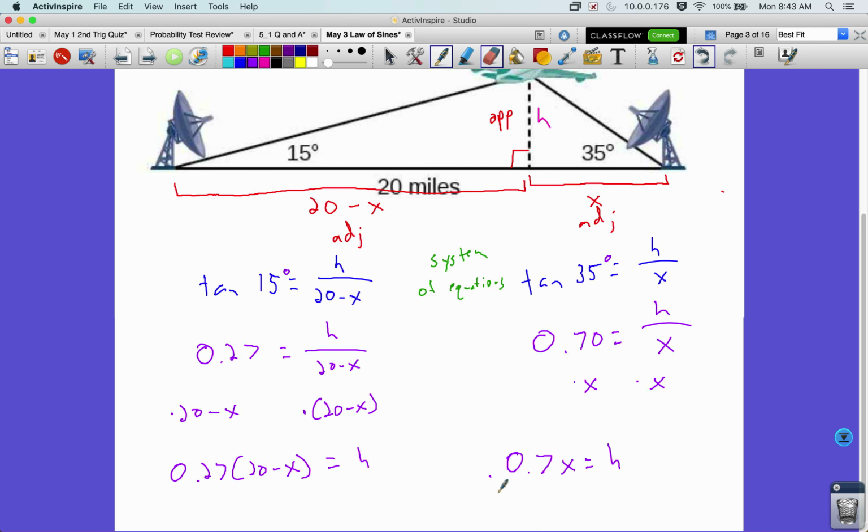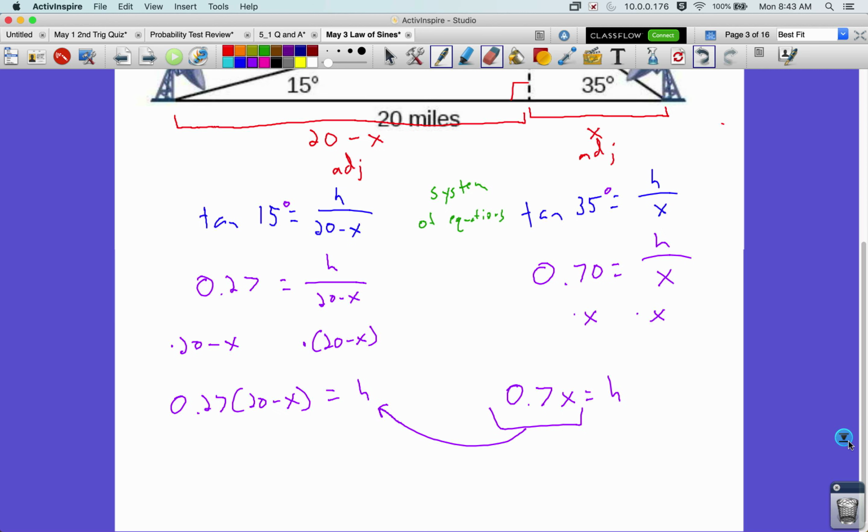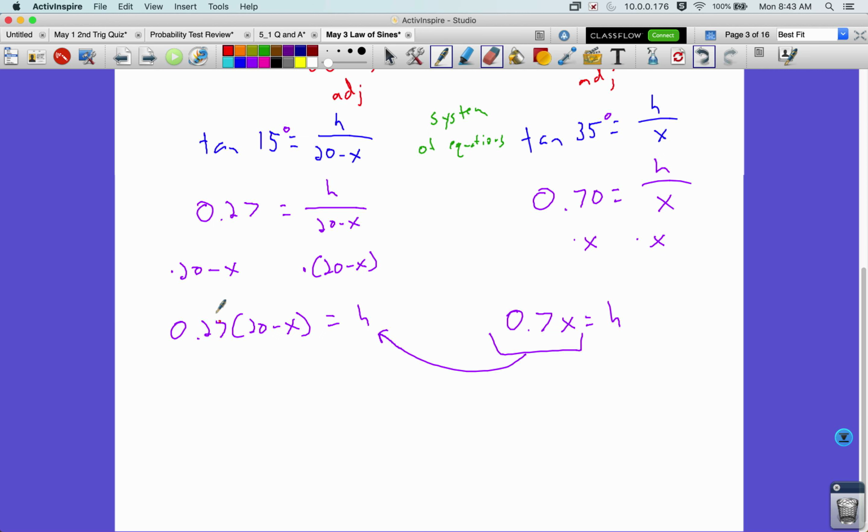Now I can do substitution, bring this over here. And I'll go ahead and distribute in this 0.27. So 0.27 times 20 is 5.4 minus 0.27x equals 0.7x.